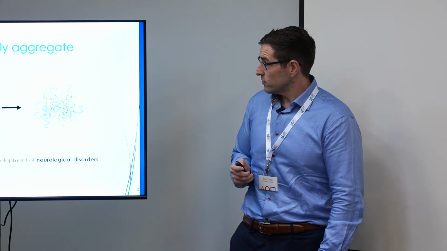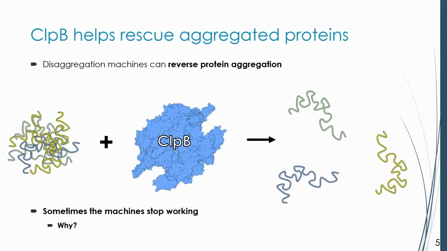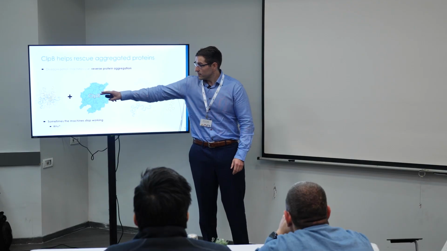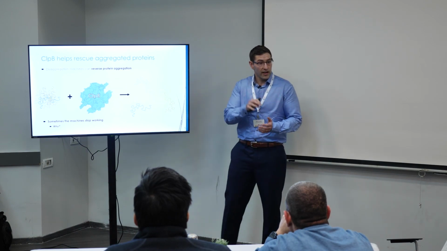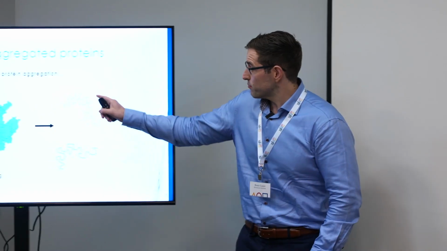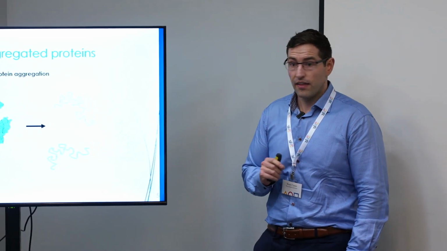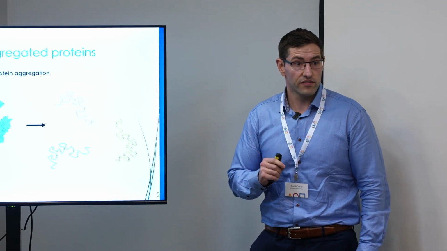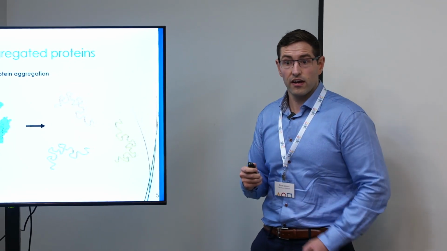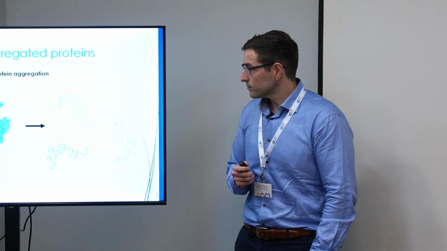I'd like to introduce you to the hero of the presentation, a special type of protein called a disaggregation protein or a disaggregation machine. The goal of these machines is to find these balls of tangled noodles, bind to them, and pull them apart or separate them out from one another. This allows these misfolded proteins to then refold into their native structure and carry out their function.